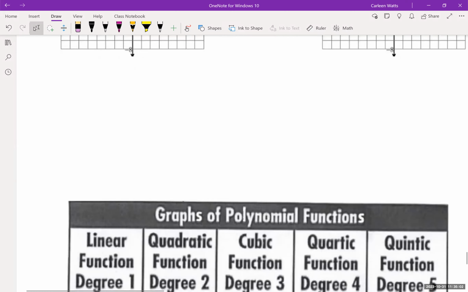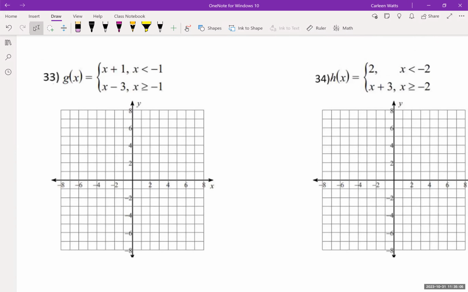Piecewise. Let's make a table. G of x is x plus 1. So -1 is going to go in both tables. So I'm going to plug in -1 and I'm going to get 0.